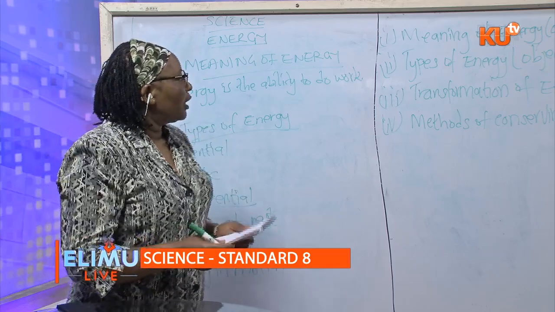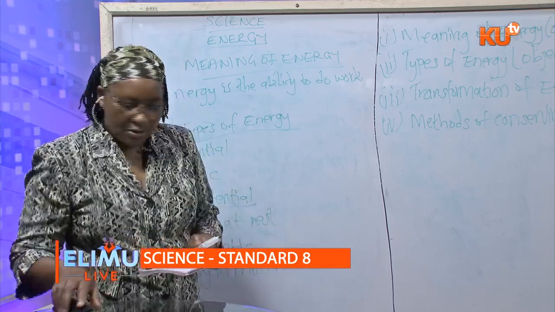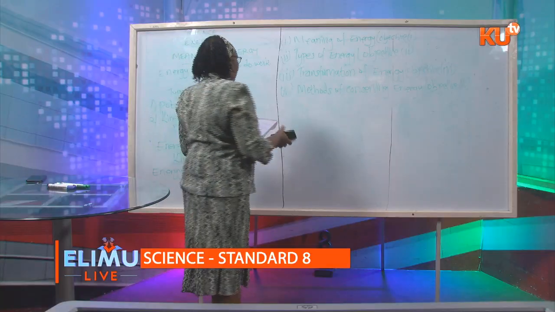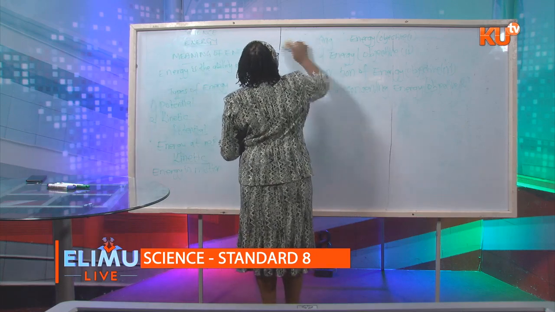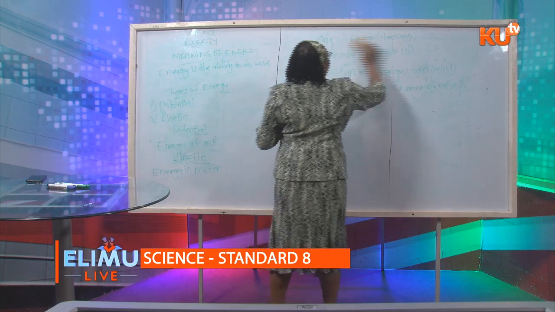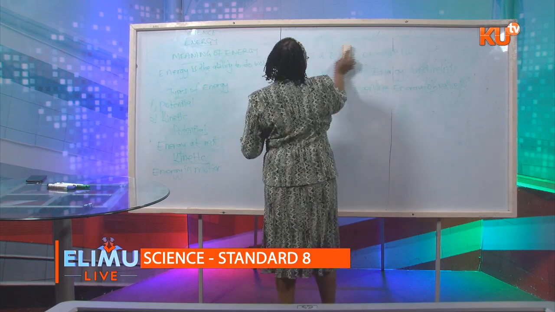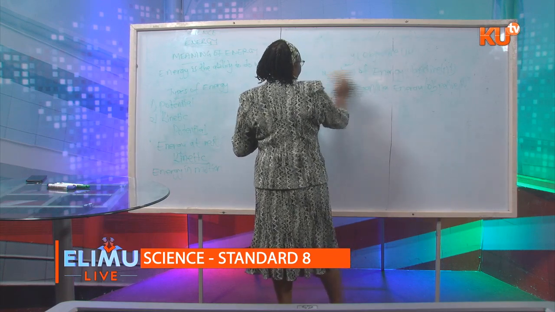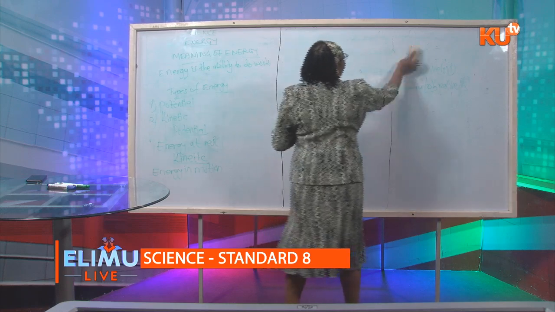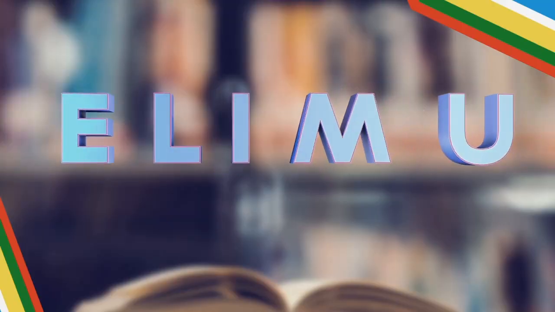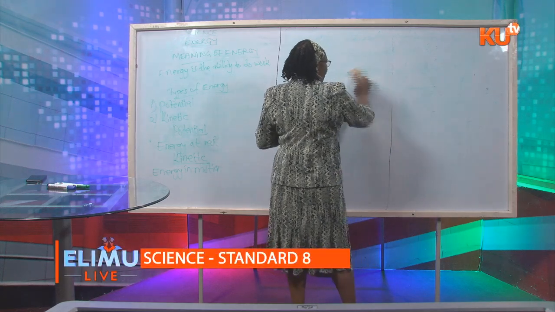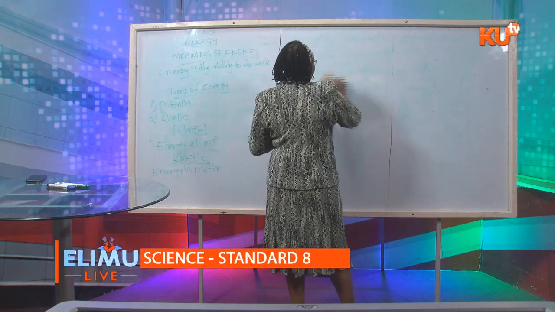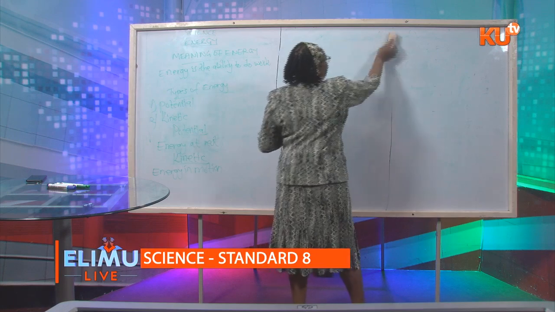Now, let us look at potential energy. We are looking at potential energy, or energy at rest. We want to look at types of potential energy, or the types of energy which is referred to as potential.